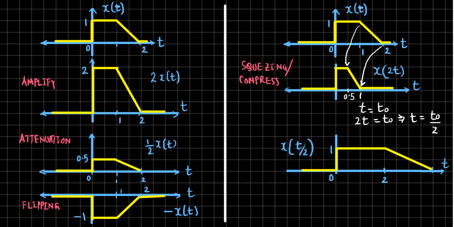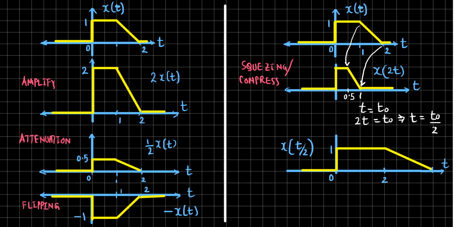Because you may see that the line segment that is present in the new signal is obtained from the original signal that is present at half the location. The new signal here is present in the original at half the location. You may see this point here, for example, this edge point is present at half the location in the original signal.